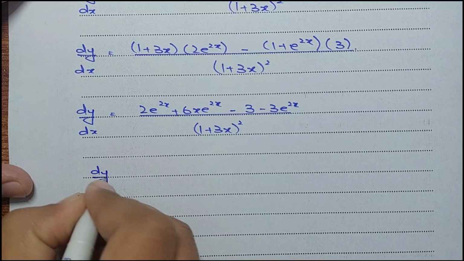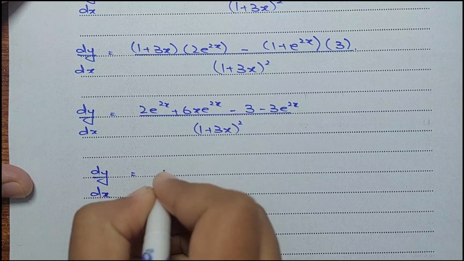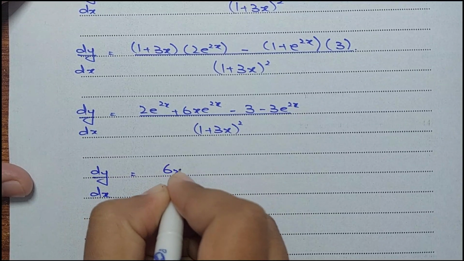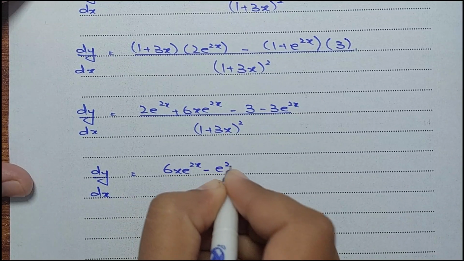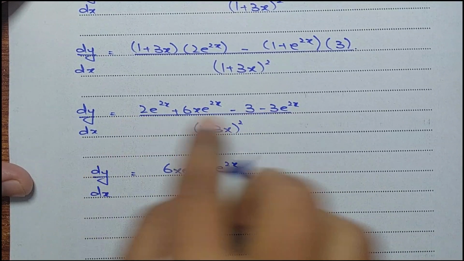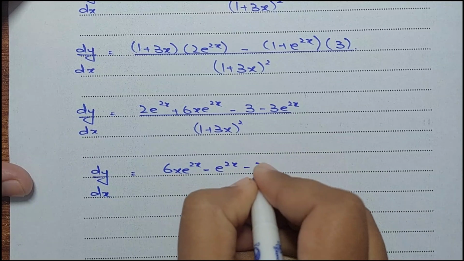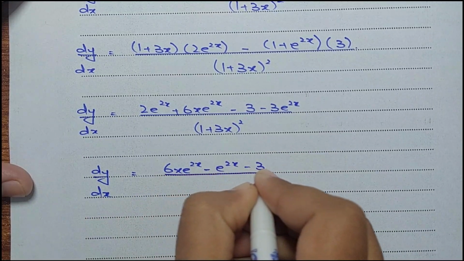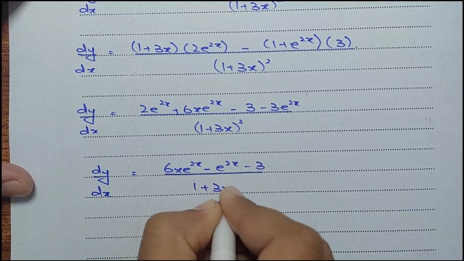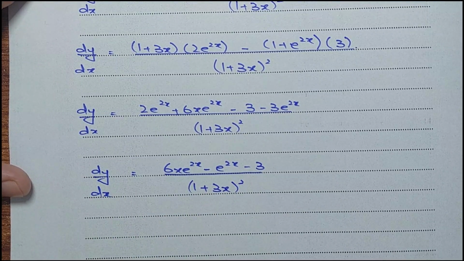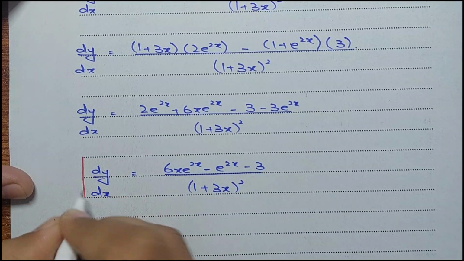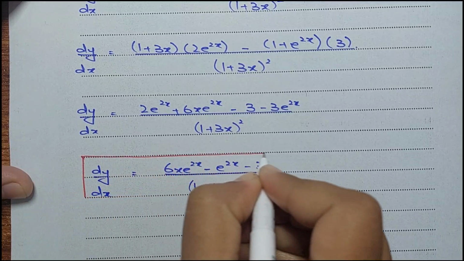Further simplification, dy over dx is 6x e to the power 2x, and we have minus e to the power 2x because 3 minus 2 is just 1, minus 3, divided by 1 plus 3x whole square. This is dy over dx, right? So the first thing is to figure out the derivative. So this is the derivative.